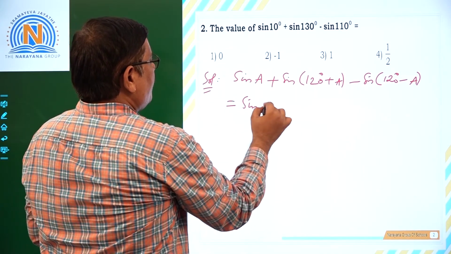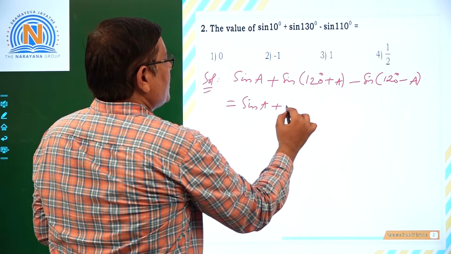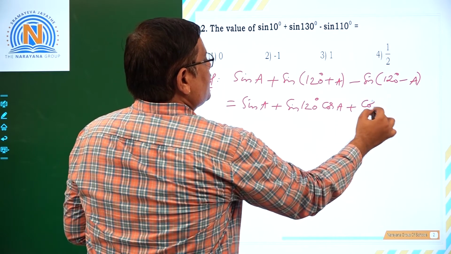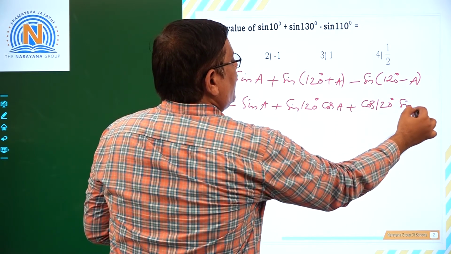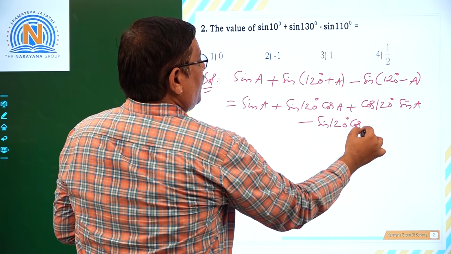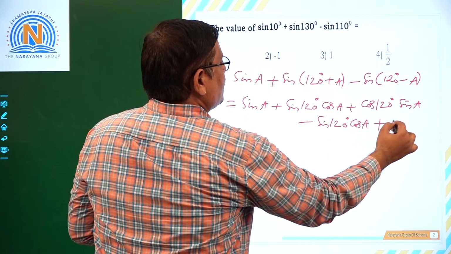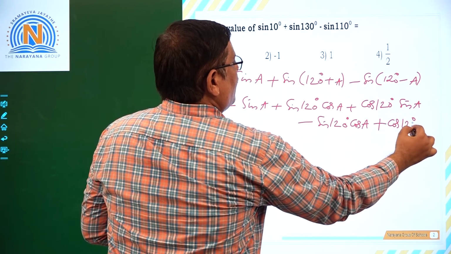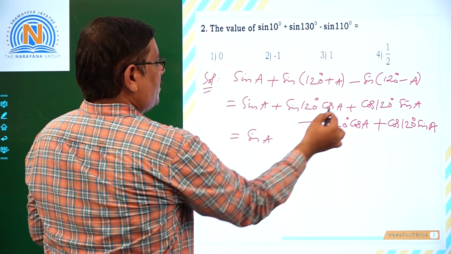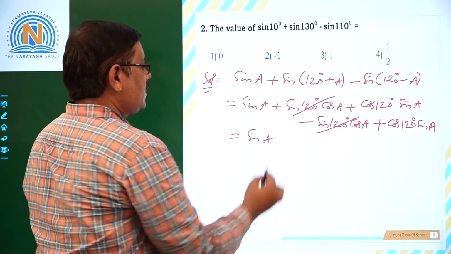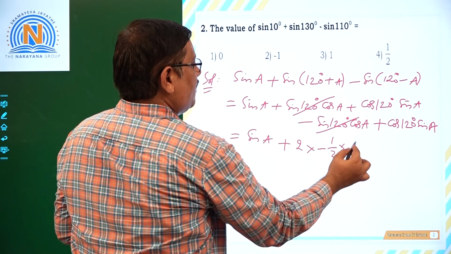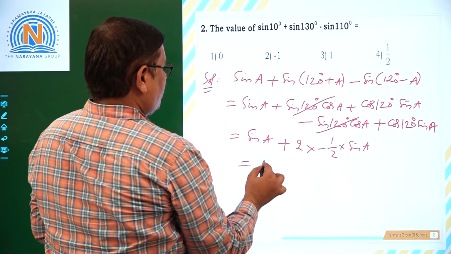It is in the form of sin(A plus B): sin A cos B plus cos A sin B, minus sin A cos B minus minus, it becomes plus cos A sin B. That is sin A. Here this is minus and this is plus, so it cancels, plus 2 times cos 120, that is again minus 1 by 2 times sin A, that is of course 0.